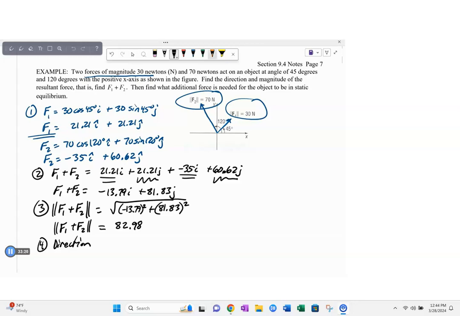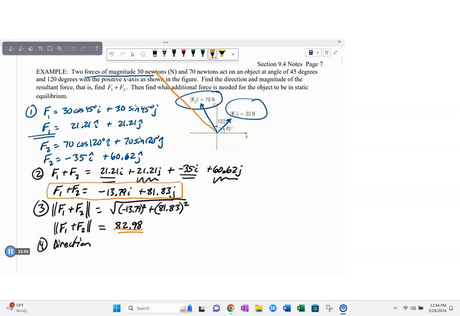Here's the resultant vector, negative 13.79 I plus 81.83 J, and it's way out there. The magnitude's 82.98, so it's into quadrant 2. My negative 13.79, and I'm up 81.83, but it's really long. It's our resultant force.